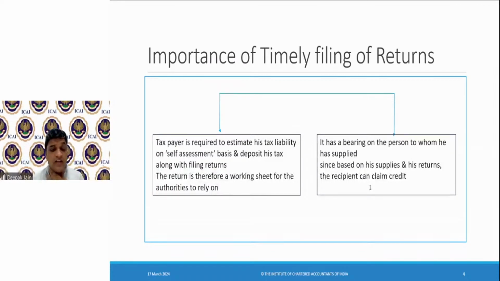If you file GSTR-1, 2A and 2B get auto-populated. You're right, Mayur. That is also another point that GSTR-2A and 2B get filled basis your GSTR-1. So if you file it on time, they will be able to get the credit timely. Otherwise, their credit gets delayed.